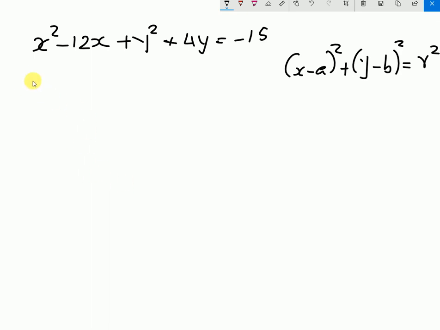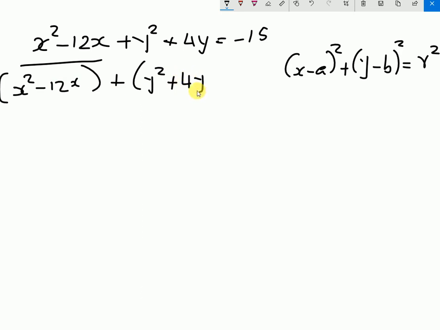Let me show you. Here you group the x's together and the y's together. This one here is x² − 12x grouped together, plus y² + 4y grouped together, equals −15.